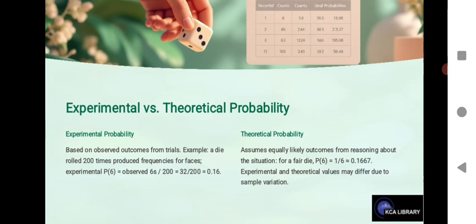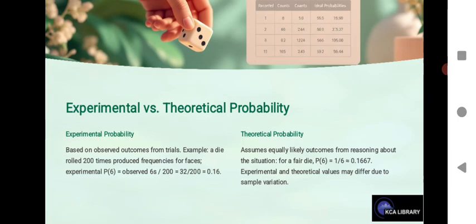If I roll a die 200 times, there will be many frequencies of each face. If I say, okay, let's find the probability of having a 6, it will be all the observed 6s over the total number of times I threw it, which is 200. At the end of the day, you have 32 over 200, which is 0.16.